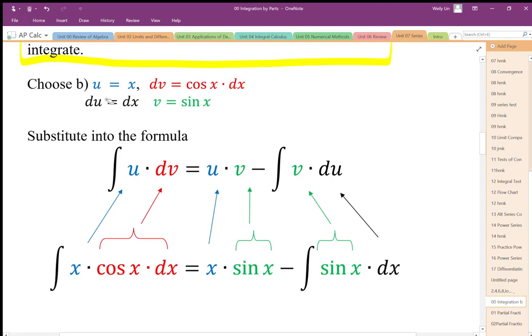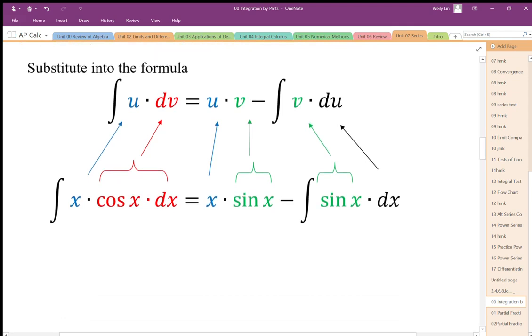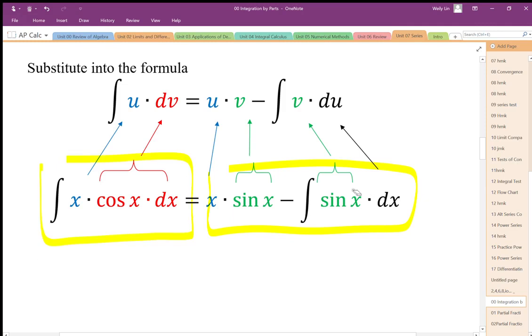This du part can have x's in there as well, but in this case it's just a dx. So I have sine x dx. There it is. There's my new integral. And this integral here is equivalent to my original integral. So whatever I get as an answer on the right hand side, is exactly what I should get for the left-hand side.